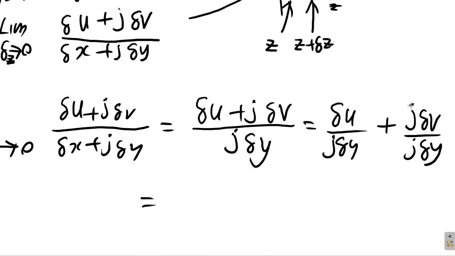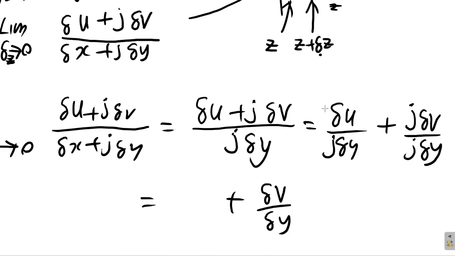Now, this part, you don't have much of a problem with it. The j's will cancel. J cancel j, alright? So you just have del v over del y. But how you deal with this part? Oh, guess what?